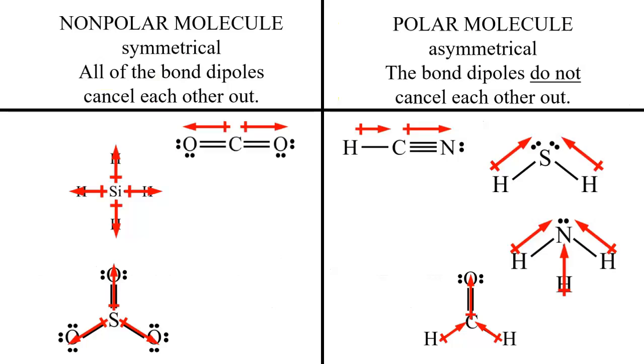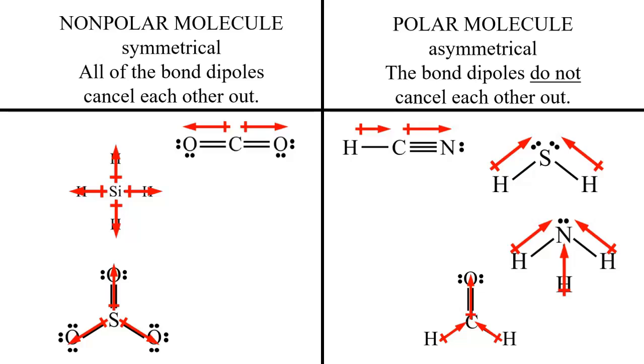So far we have CO2 is nonpolar, lovely symmetry there. We have SO3, trigonal planar, symmetry, all the bond dipoles cancel out, and now we have SiH4. So the three molecules that we've seen so far on the left are nonpolar, all of the bond dipoles cancel each other out, and then we have one example which I had mentioned earlier, the HCN, which is linear but doesn't have that same symmetry, so that was polar.